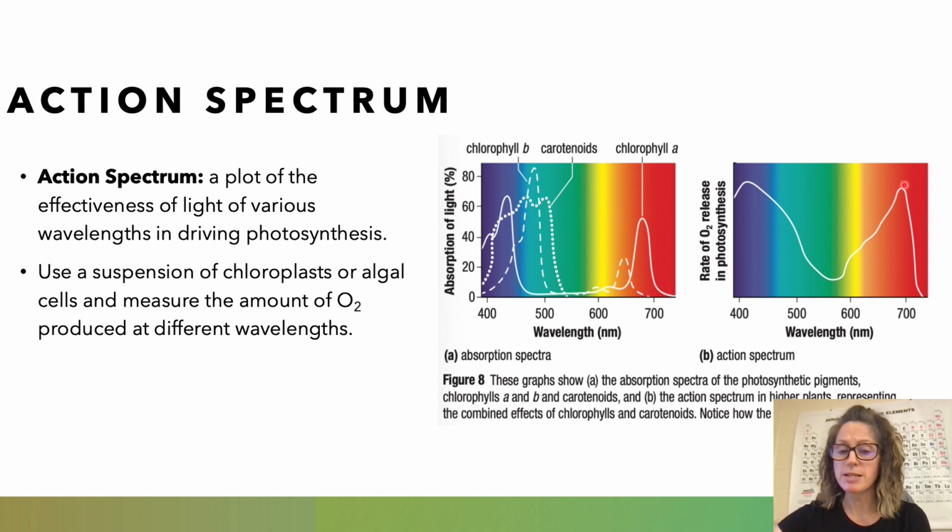That's because this is the light that can be absorbed by these pigments. The pigments can't absorb green or yellow light, so it's not going to be very effective when given green or yellow light. So you're going to have a low rate of oxygen production.